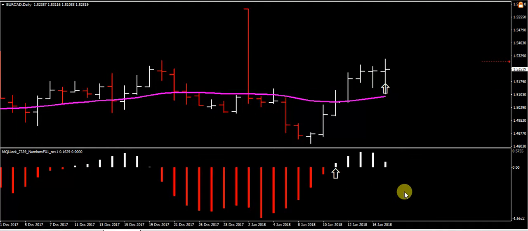We'll just go through the charts, just try and get you back up to date with where we got to. So this is the EuroCAD, and it's just an opportunity I saw with the volume rising up and then breaking through the moving average.